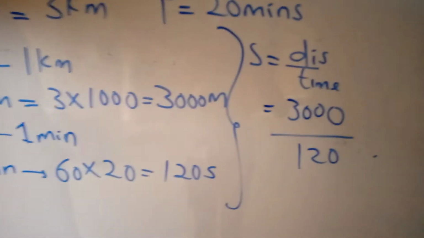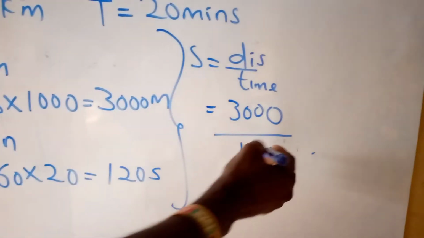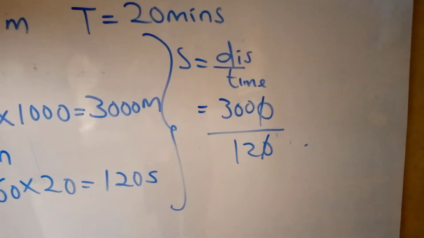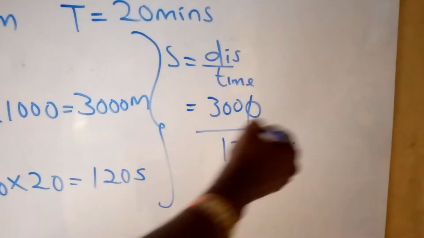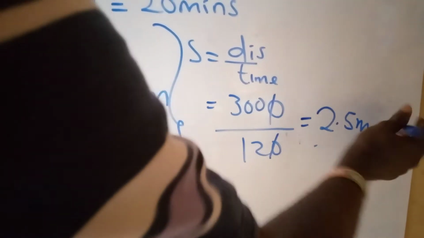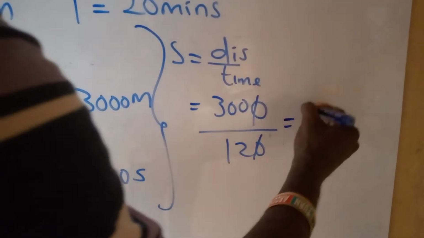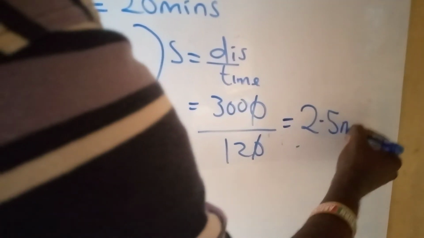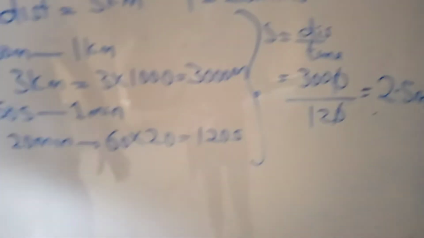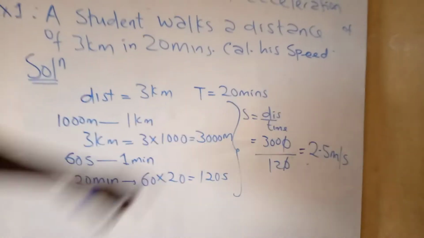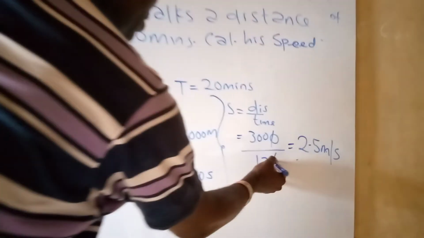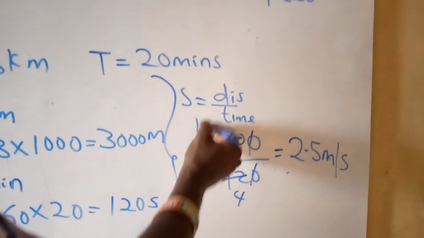And when you do this, if you remove the zeros here, you ultimately get 2.5 meters per second. Let me write it properly so it can be obvious. 2.5 meters per second. Now you can see this.